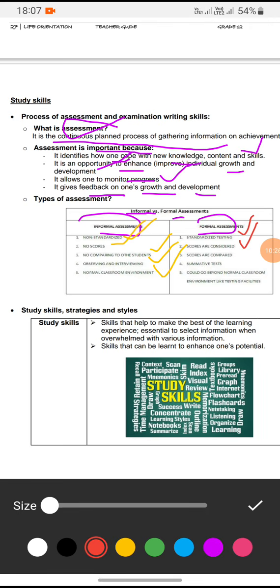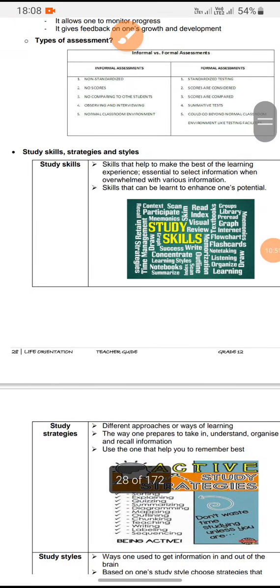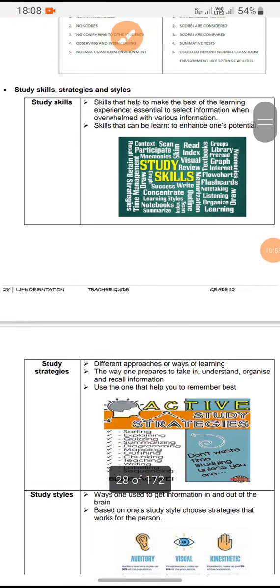So these are your things. Summative tests, I do not take notes on these ones. This one is just prior knowledge that could go beyond normal class environment, like testing faculties. Yeah, that's your assessment. So important concepts are these ones.